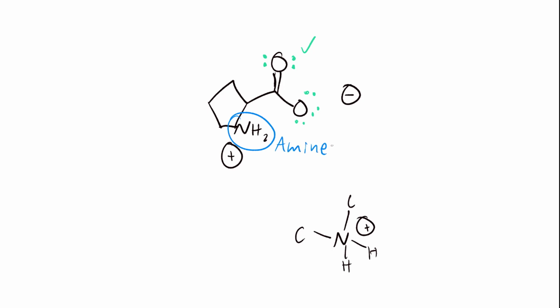But to be more specific, is this a primary, secondary, or tertiary amine? Well, how many carbons are we directly attached to? Turns out we have 1 carbon and 2 carbons. Okay. Well, that must mean that we have a secondary amine. So this amine is a secondary amine.